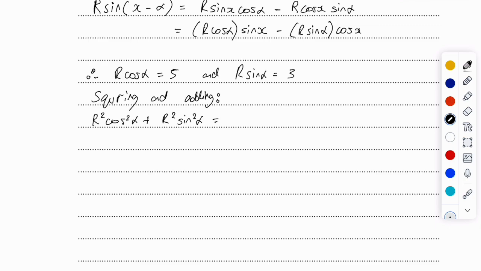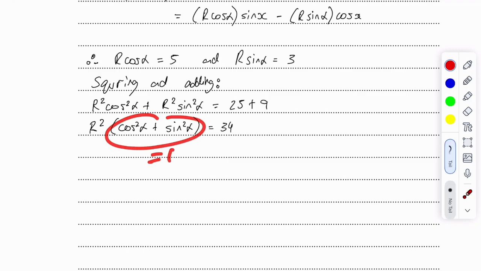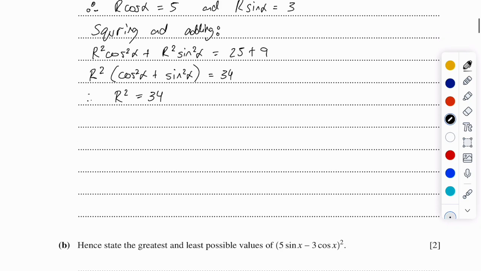That's going to give us 25 plus 9. Therefore, r squared times cos squared alpha plus sine squared alpha is equal to 34. Now this is naturally just going to equal 1. So therefore r squared is equal to 34, which means we get root 34 as a result.